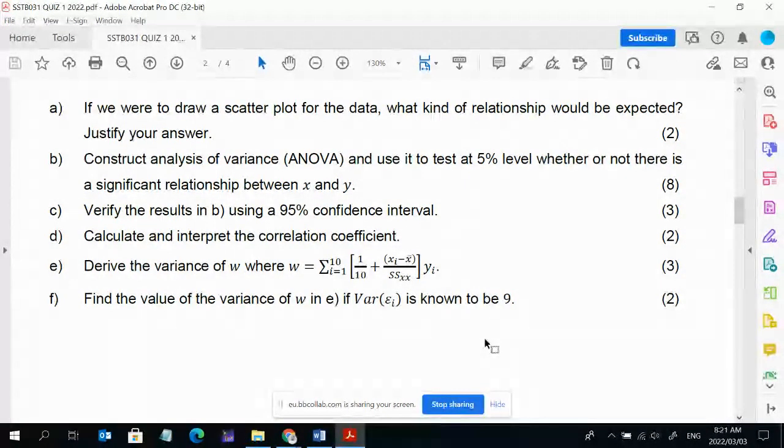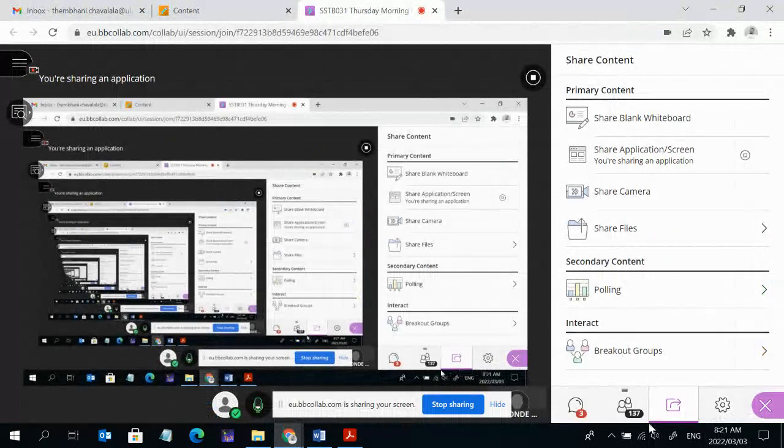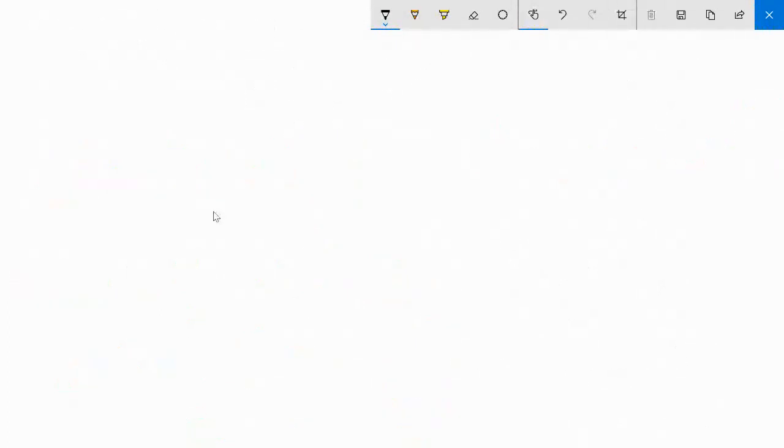I said if you were to draw a scatter plot, and people calculated the correlation coefficient. That's wrong. On number D, that's where we calculate the correlation coefficient. Let's go to the whiteboard and calculate it. Now, the correlation coefficient is R, and the formula is beta 1.